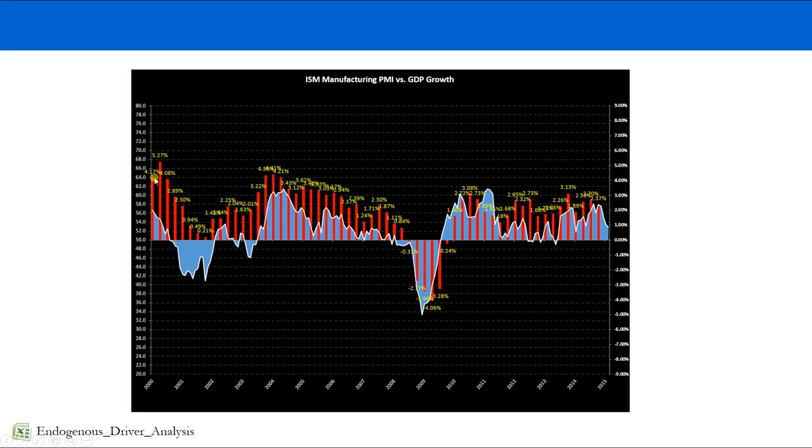And the columns is real GDP growth on a quarterly basis. So a quarterly annualized number. And you can see, for the vast majority of quarters, the direction of the ISM really does predict, in the vast majority of cases, the direction and level of GDP growth.